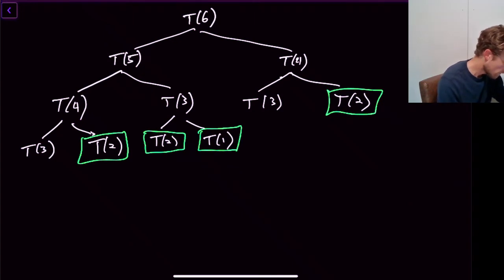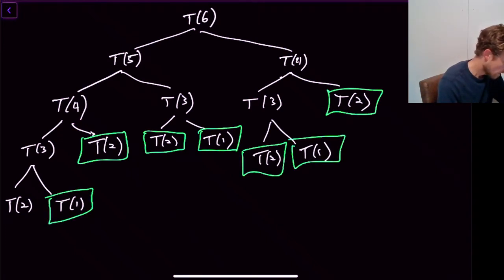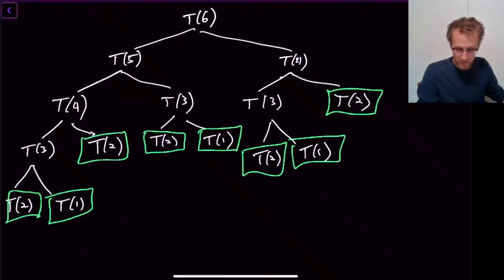All right, my T of 3 here does what the other T of 3 did. It took us to a T of 2 and a T of 1. Those are all done. And then this T of 3 takes us to a T of 2 and a T of 1. Okay. And so now, every single one of these has found a base case.